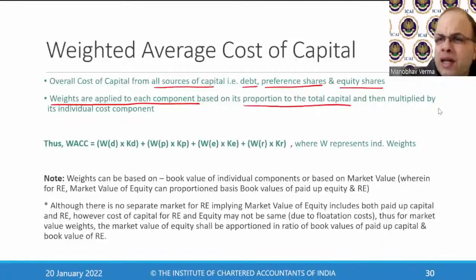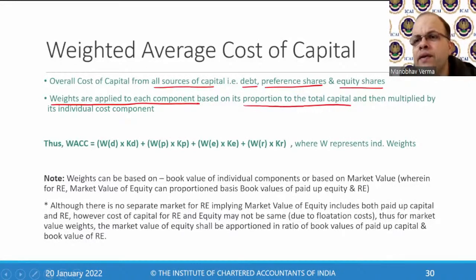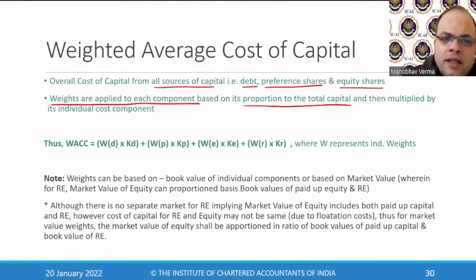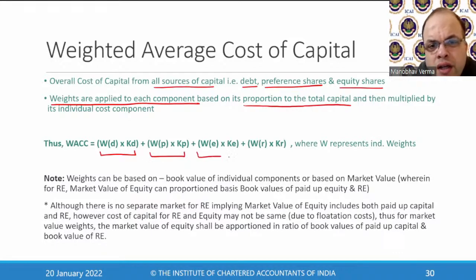I will take those proportions as a weight. So each individual cost component is multiplied by those weights. The weight of debt will be multiplied by the cost of debt. Similarly, preference shares, equity and retained earnings. So these W will be the weights. That is my WACC.